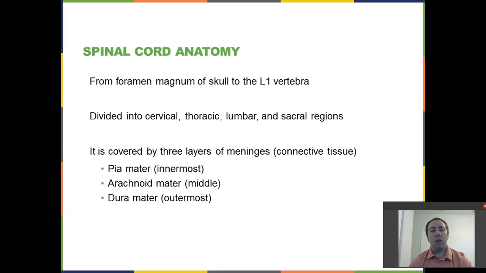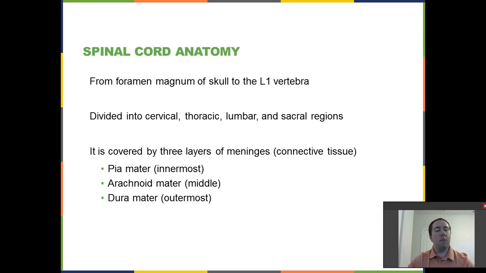The spinal cord is covered with three layers of connective tissue. Those layers are called meninges. So that's the plural word. Meninge is the singular form. We have the pia, the arachnoid, and the dura maters.